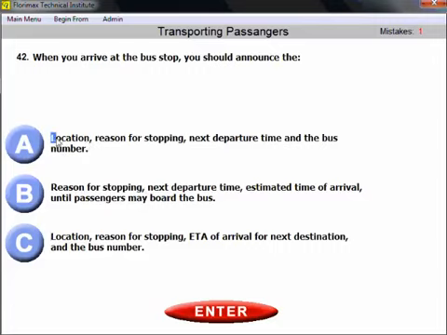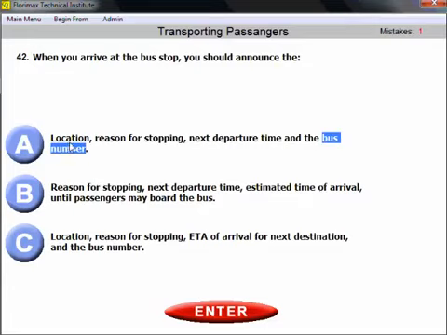You need to announce the location, where you are; the reason for stopping, why you stop; the next departure time, so people know when to get back; and the bus number, because sometimes the bus might be changed. So those are 4 things.